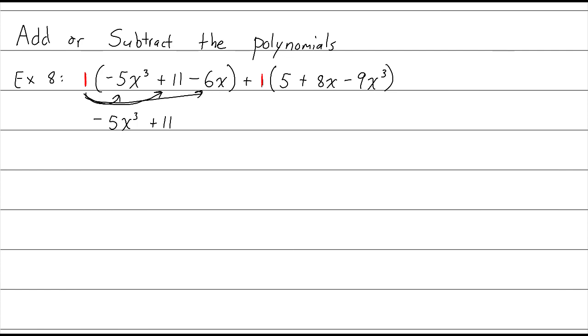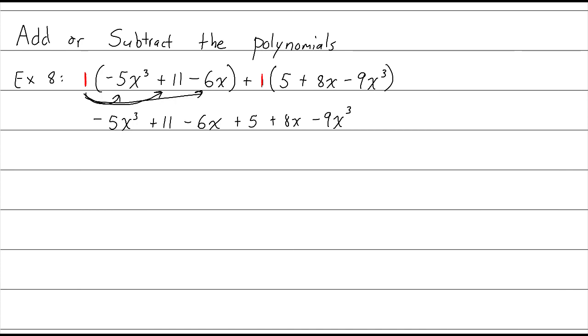And 1 times negative 6x is negative 6x. You could have just not even bothered with the multiplication part. You could just drop the parentheses off. It's the same thing. And then the same thing here. So 1 times 5 is 5. 1 times 8x is 8x. And 1 times negative 9x cubed is negative 9x cubed.